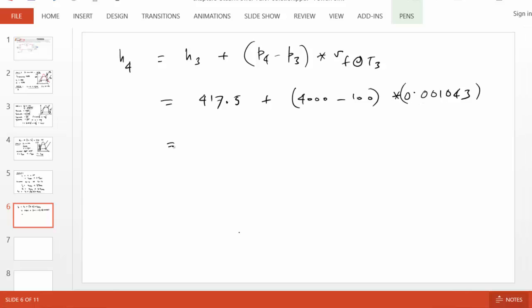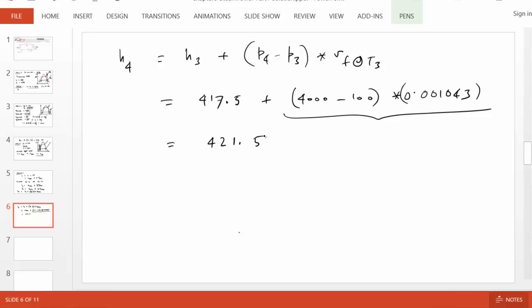And when you calculate that, the contribution from this is really small, as you can see, not much. And H4 turns out to be 421.5. So now we practically have calculated all the states.